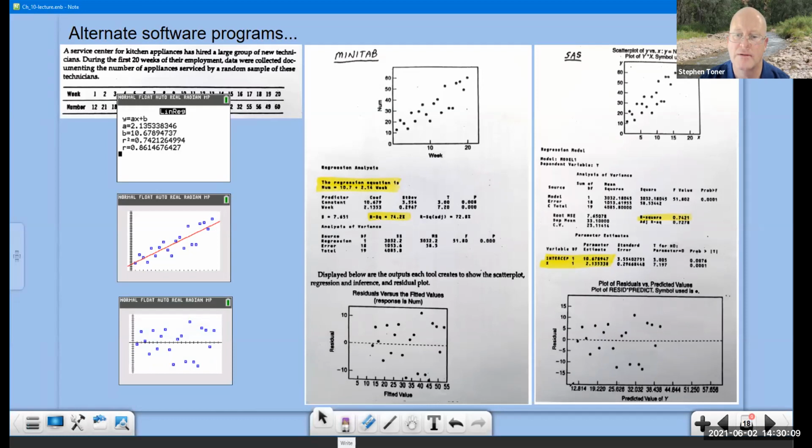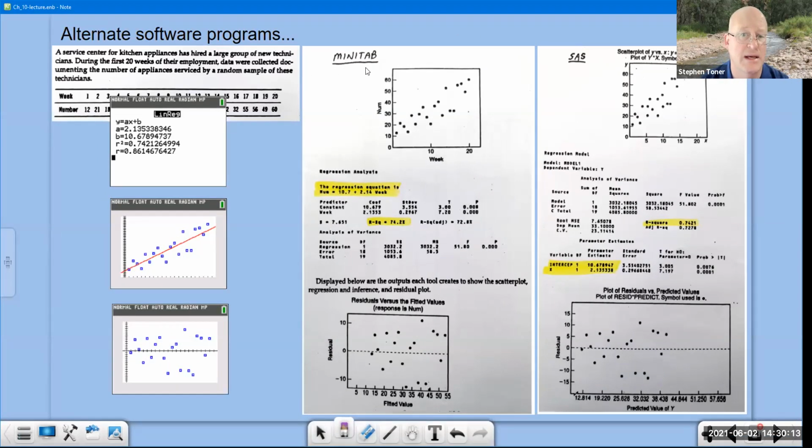There are a lot of different technologies out there, one of which is Minitab, another which is SAS, and notice both of them will give us a graph of the regression data. Both of them will give a graph of the residual plots. You just have to learn how to read them. In Minitab, they physically tell you, here is your regression equation.